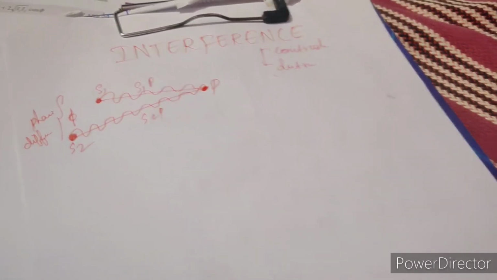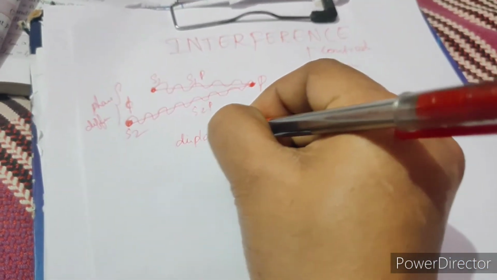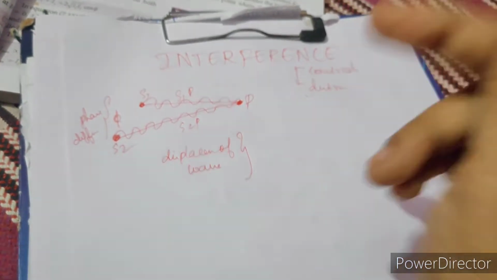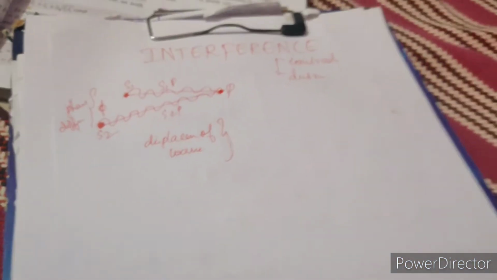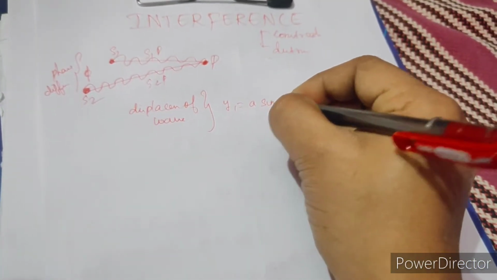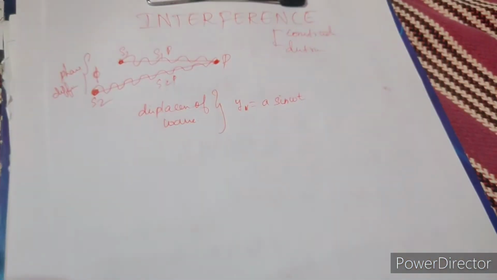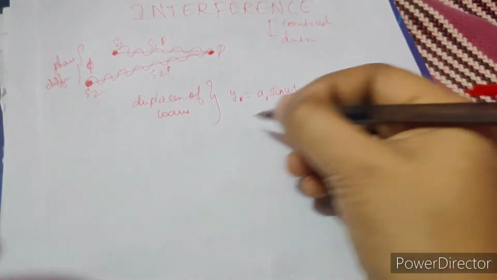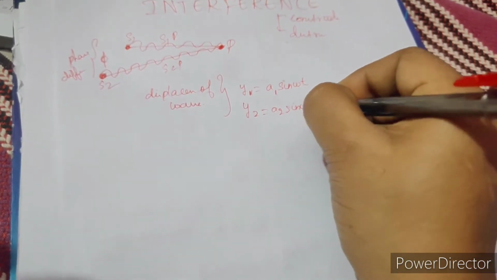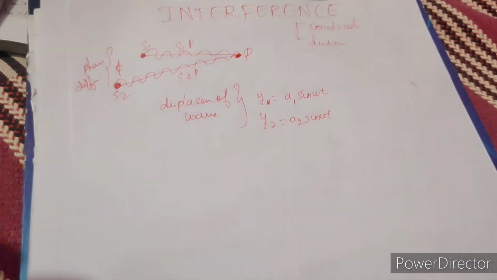To find out the displacement of a wave, we need to find out the amplitude. So the amplitude formula we will use is y1 = a1 sin ωt. Here I have two waves, so I am taking y1 and y2, where y2 = a2 sin ωt. We already know why we use sin ωt for the amplitude, because we studied that in the 4th lesson.